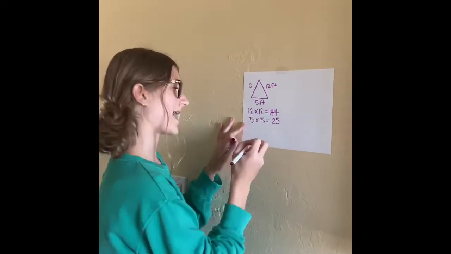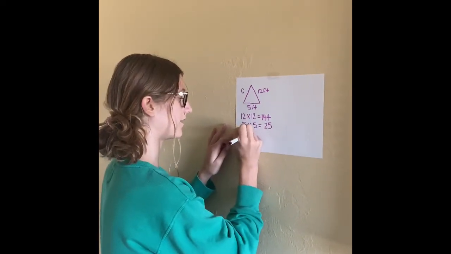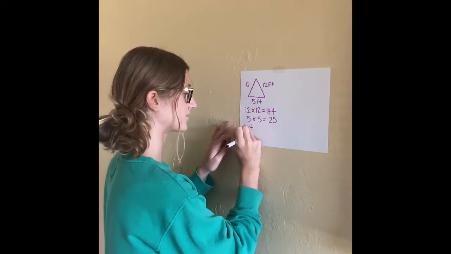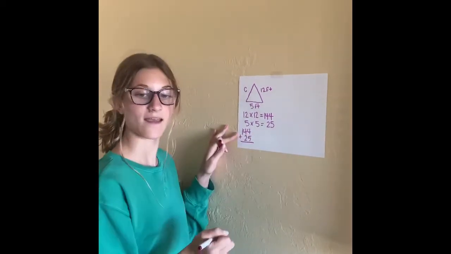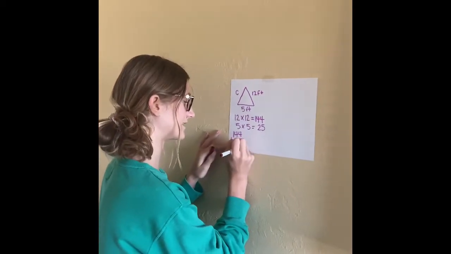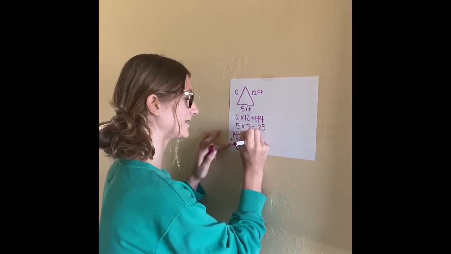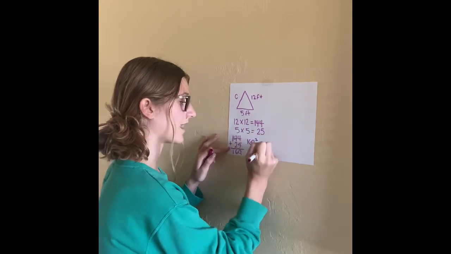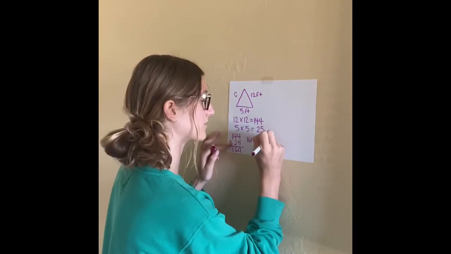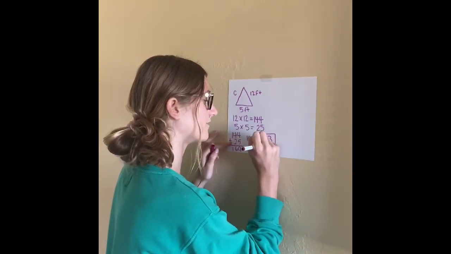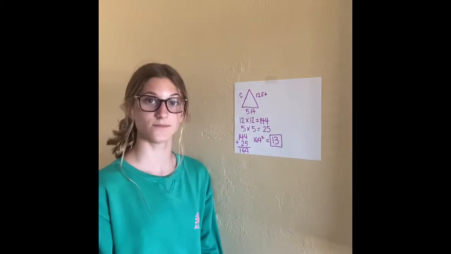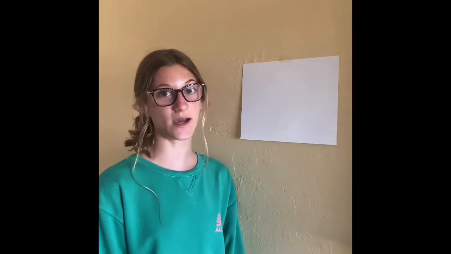Now we're going to add 144 plus 25, and that's going to give you 169. Once we get that, we find the square root, which is 13, so your final answer is 13.